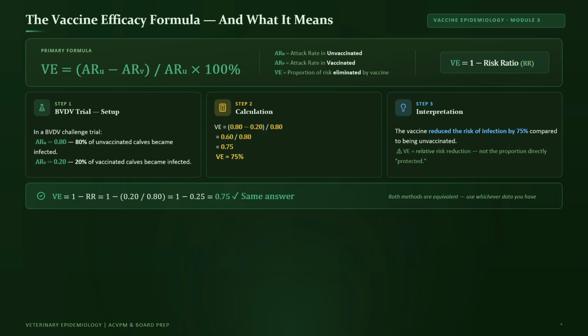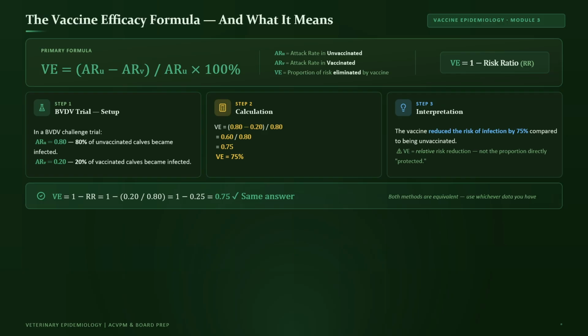Make sure you know which group is which. ARU goes in the denominator. A VE of 0% means the vaccine has no effect. A negative VE means the vaccinated group actually had more disease, a red flag for vaccine safety or study bias.